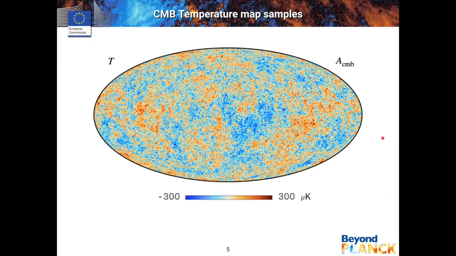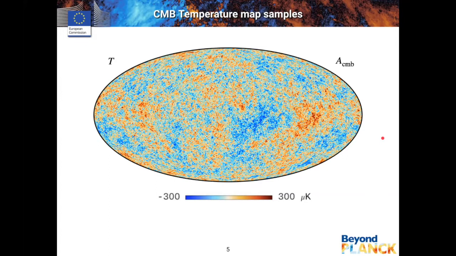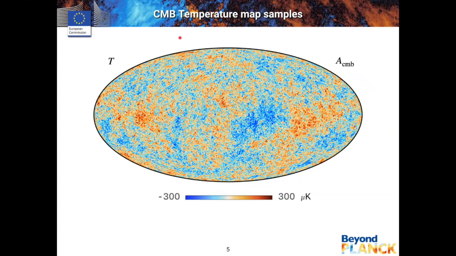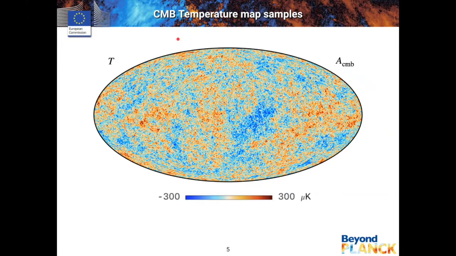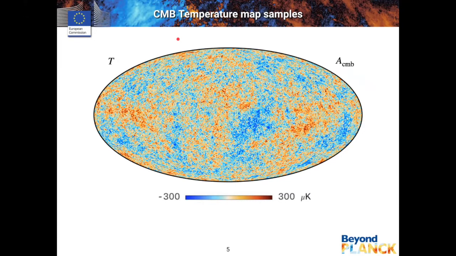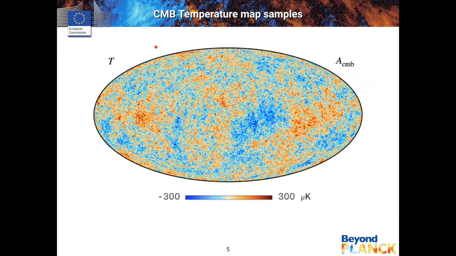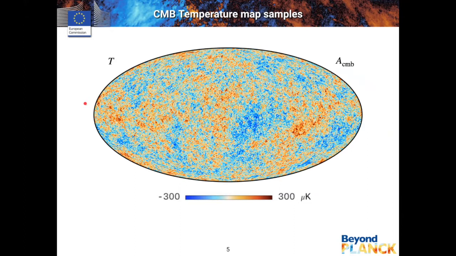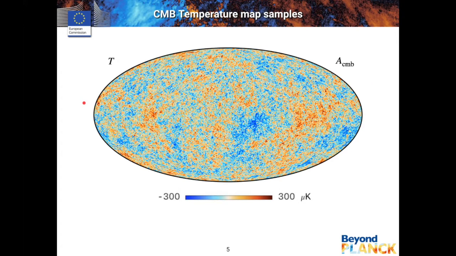Outside the galactic plane, the CMB has converged to the actual sky realization, but this is not the truth, because you can, of course, notice maybe some flickering, and this is due to the fact that within different realizations, within different samples, we are changing instrumental parameters and also foreground parameters. So we are exploring the whole posterior distribution for each CMB pixel.